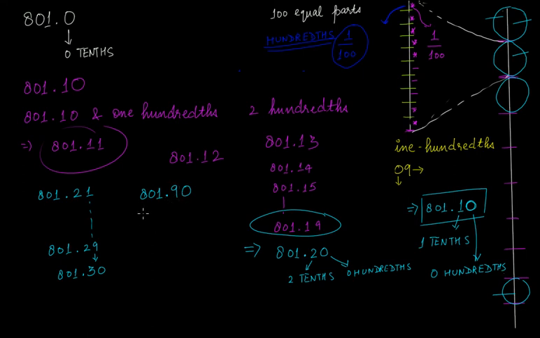The next one will be 801 point what? 91. You'll go on till 801.99. Why? Because you have reached this point, and now only one line segment is left. So what do you think is going to happen?